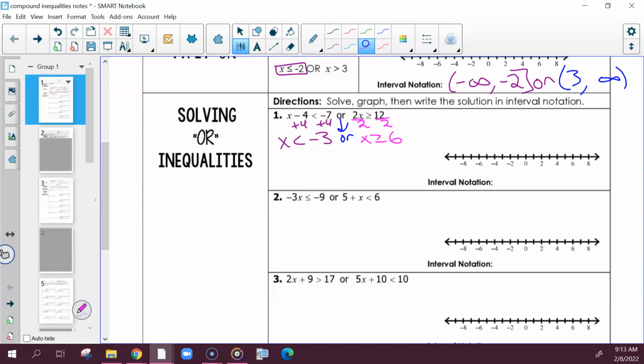We now have our or inequality, and we can graph it and find our interval notation. X is less than negative 3 would be an open circle at negative 3, going to the left. X is greater than or equal to 6 would be a closed circle at 6, going to the right.